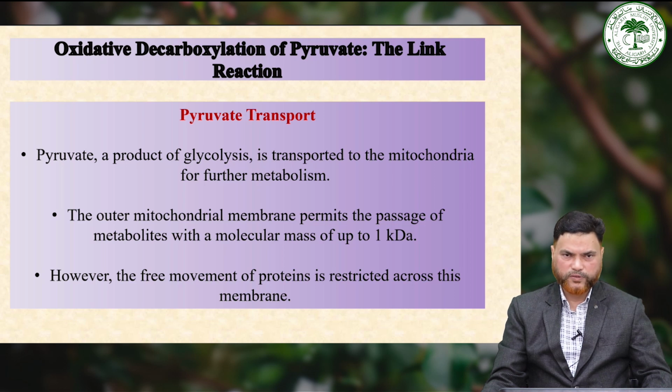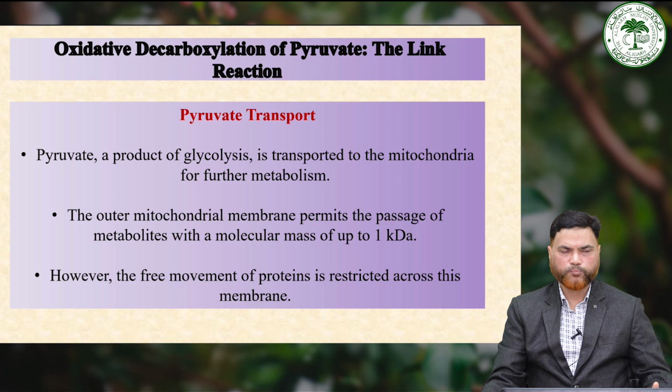What is the role of this link in plants? In plants, the pyruvate dehydrogenase complex is not exclusive to mitochondria, it is also present in plastids. In plastids, the pyruvate dehydrogenase complex participates in lipid biosynthesis, showing its versatility in different cellular compartments.